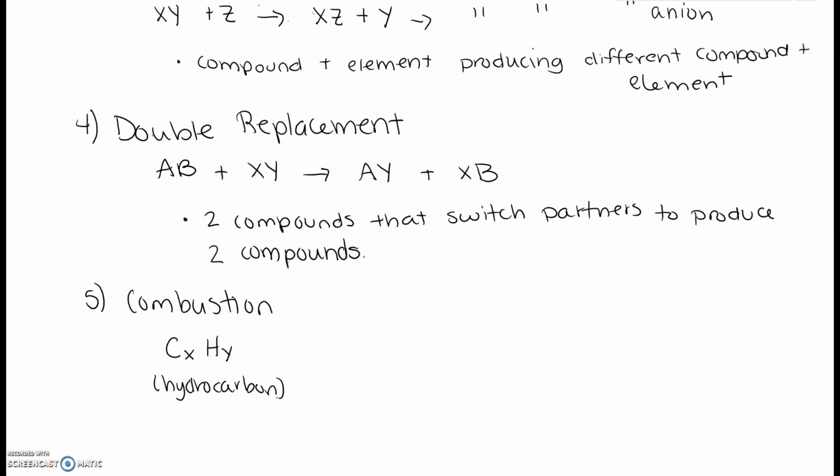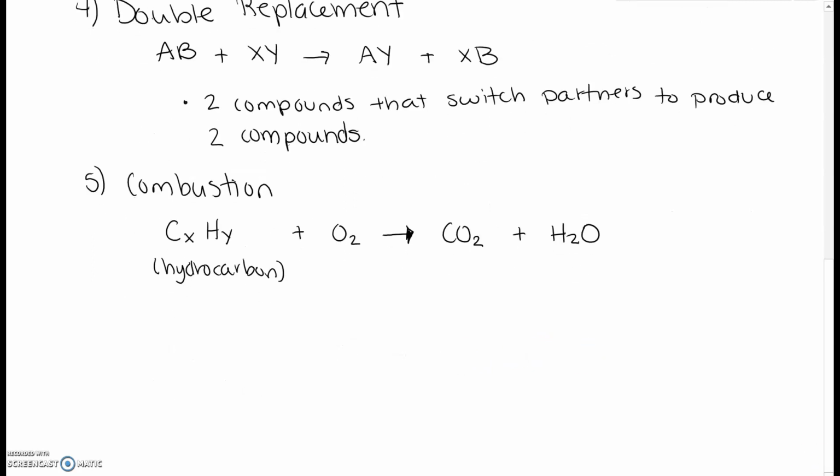So I'm just leaving that open-ended. And then really what defines a combustion reaction is the reactant of oxygen. And the hydrocarbon plus oxygen is always going to give you carbon dioxide and water. So that's how you can identify the combustion.